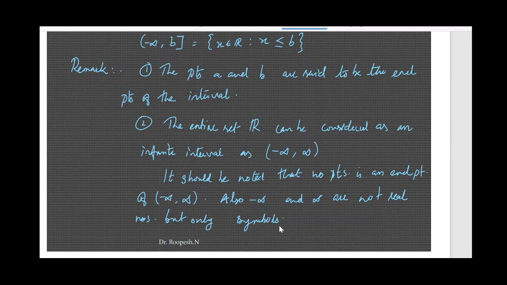We can take the entire real line as an infinite interval of the form (minus infinity, infinity). It can be noted that infinity and minus infinity are not real numbers, they are just symbols. Now we will pass to the characterization of intervals.